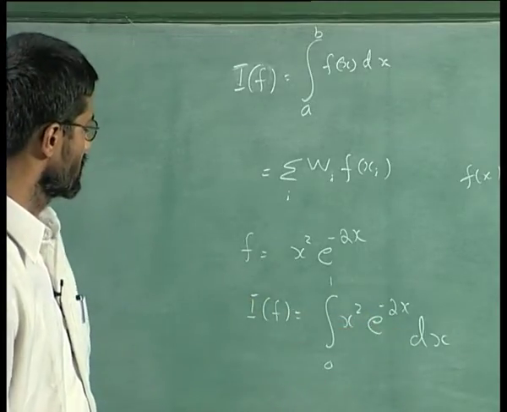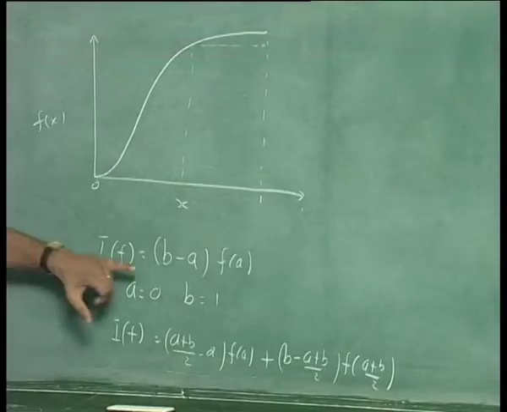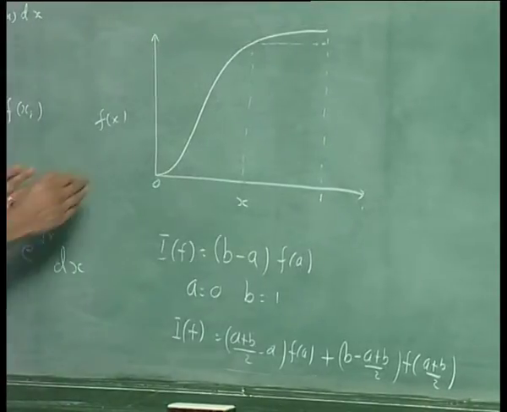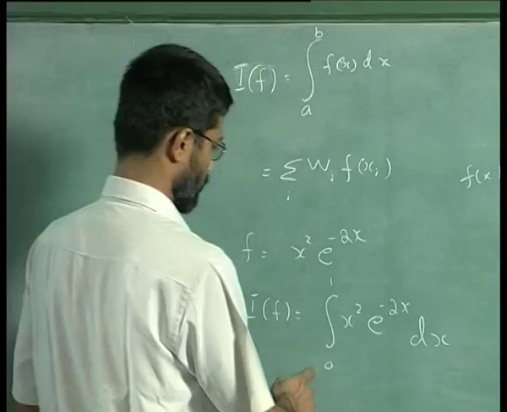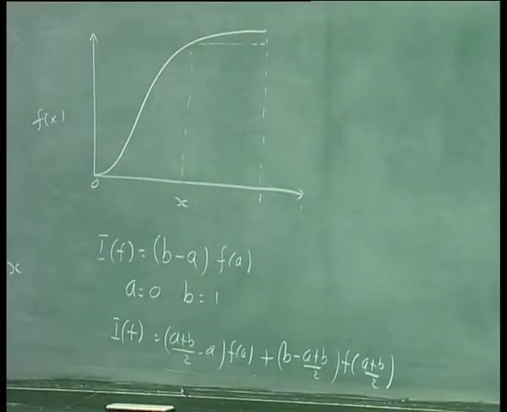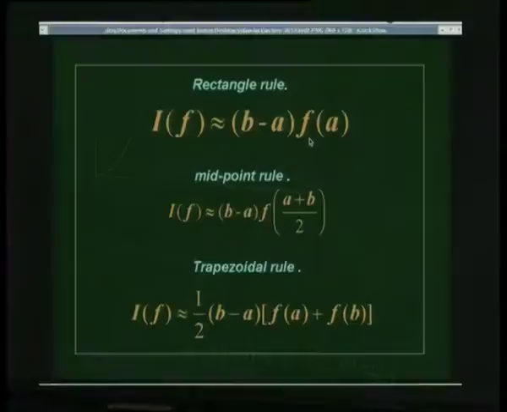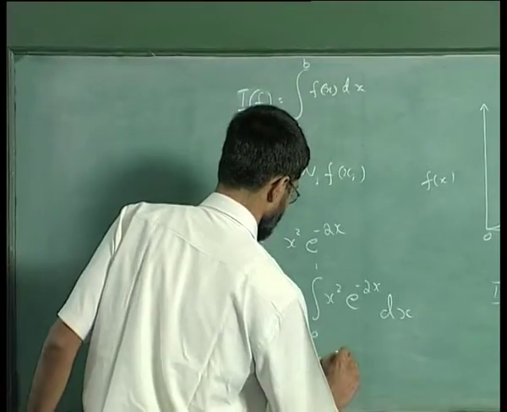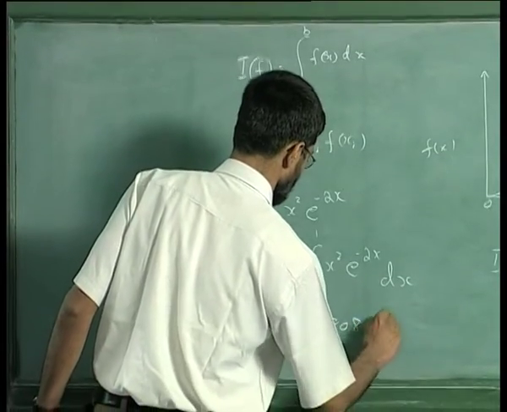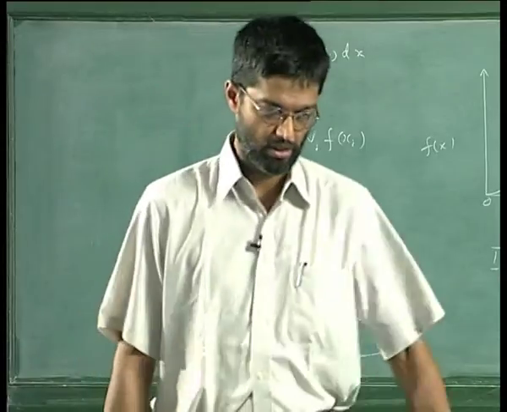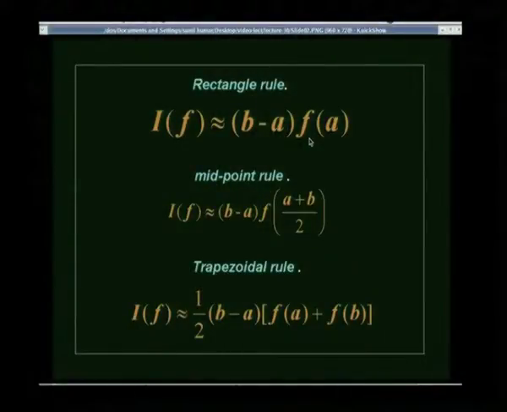So the question to ask is: if I use the simple rectangular rule and evaluate this integral, how many breakups should I do for this whole interval 0 to 1 to get a realistic answer? The actual answer turns out to be 0.80831. So we'll see how many points we have to use to get that answer.